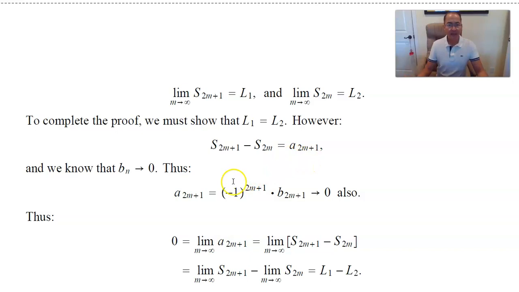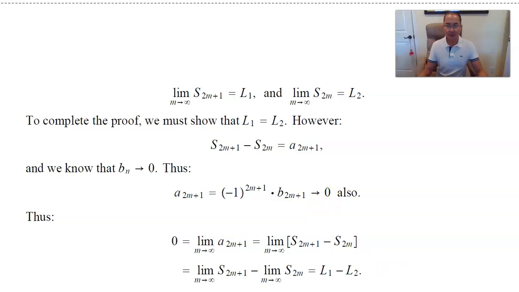However, a sub 2n plus 1 is simply going to come from the sequence b, in this case from b sub 2n plus 1, and we have the alternating factor negative 1 to the 2n plus 1. Remember, it's negative 1 to the n, b sub n. But we know that b sub n goes to 0, so therefore a sub 2n plus 1 also goes to 0. And there you go.